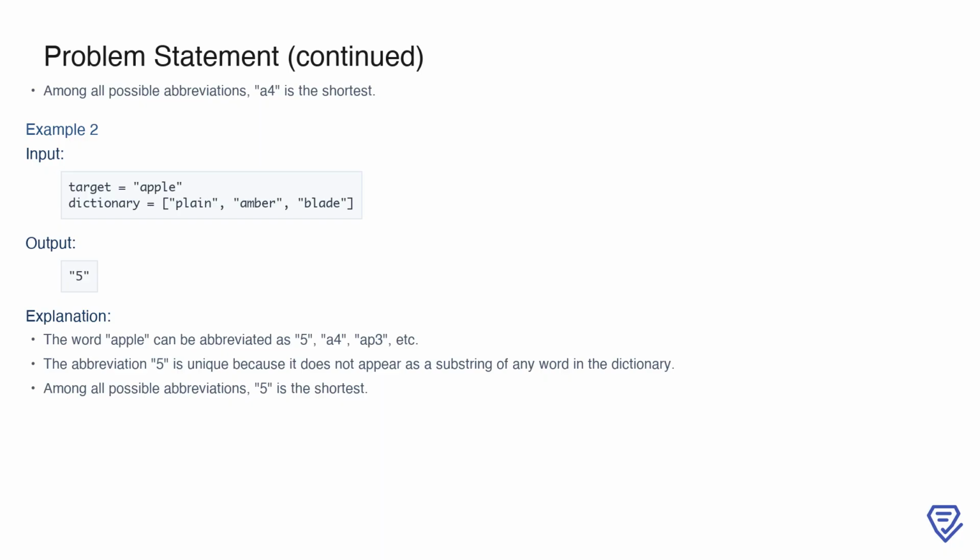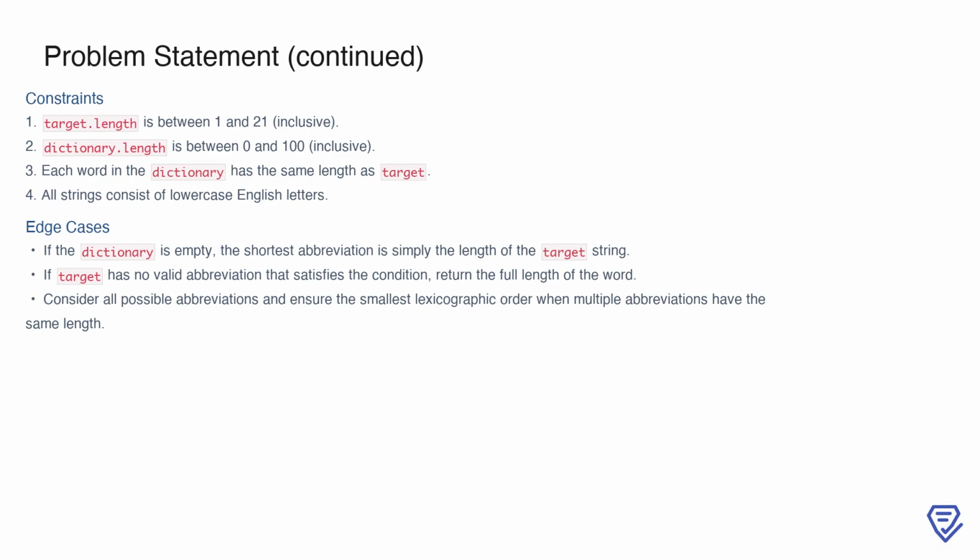There are a few constraints and edge cases to keep in mind. First, the length of the target string can range from 1 to 21, and the dictionary can contain up to 100 words. Each word in the dictionary will always have the same length as the target string. All strings, whether in the target or the dictionary, consist solely of lowercase English letters.